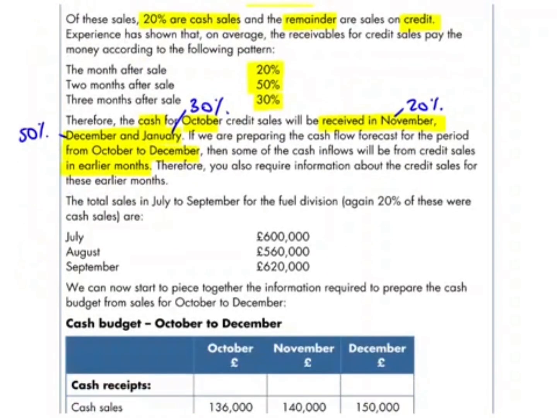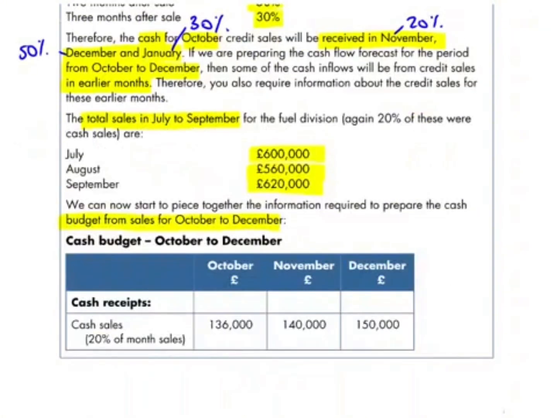We're giving that underneath. We've been given the total sales for the fuel division: £600,000 in July, £560,000 in August, and £620,000 in September. So now we've got all of the information we need, we can start to put together the cash budget from sales for October to December.